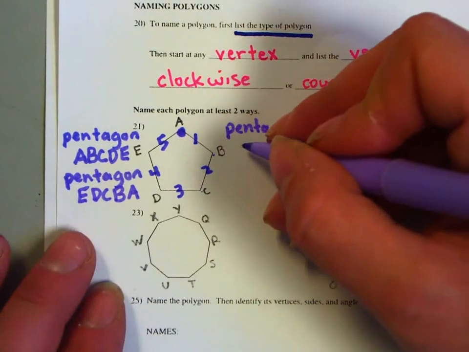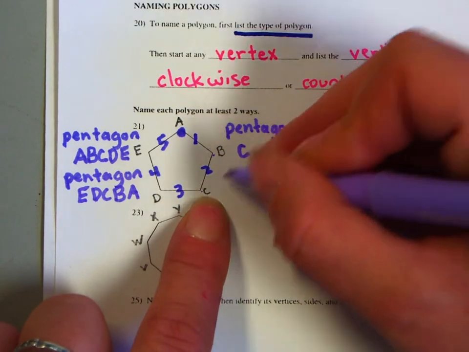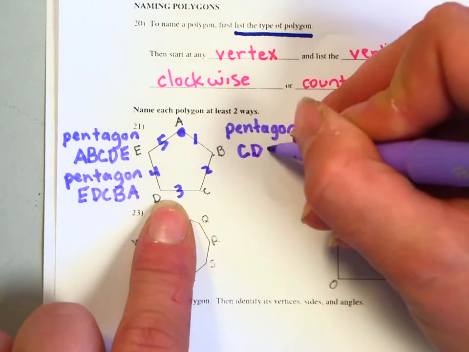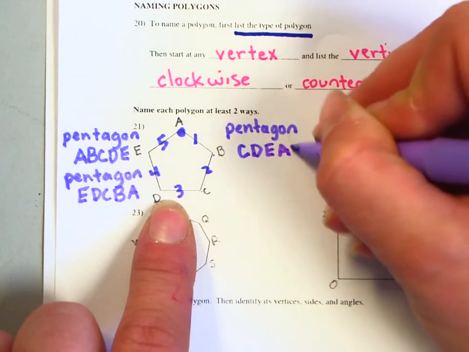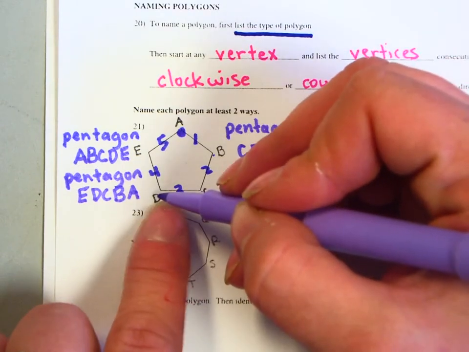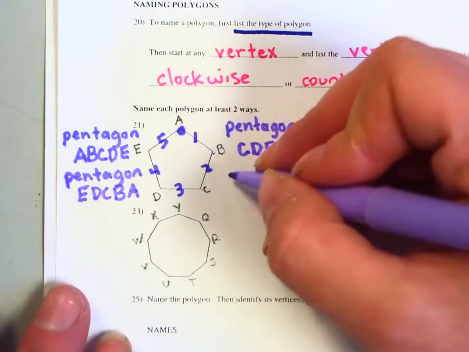So let's say I started at vertex C, and I want to go clockwise. I could do C, D, E, A, B. I cannot scramble the order. So if I do C, D, I cannot go A, then E. That's not allowed. I have to go around in order.